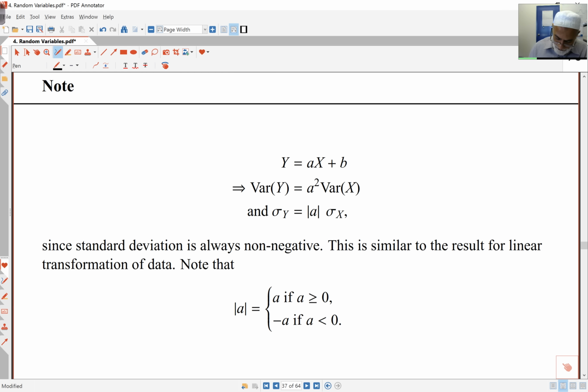As a note, as I was saying earlier, if I've got y equals ax plus b, the variance scales with the square, and the standard deviation scales by the same factor as the random variable, except I want absolute values to make sure this remains positive.